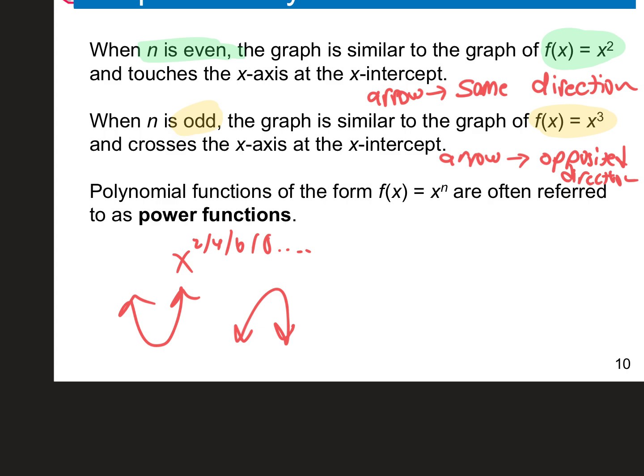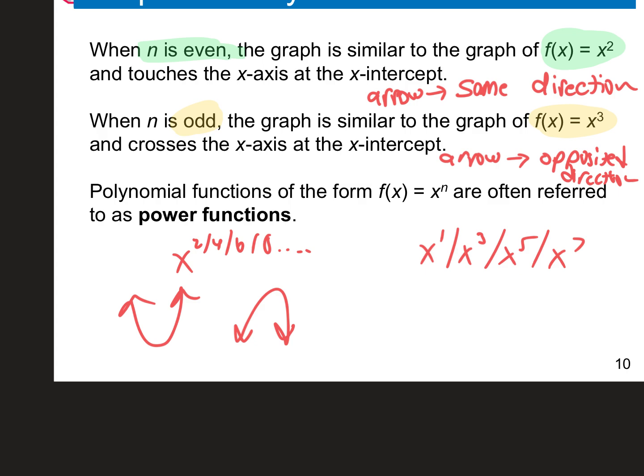If your function is odd, 1st power, 3rd power, 5th power, 7th power. When I say the function being odd, I don't mean algebraically it's odd, but the highest exponent being odd. Your arrows go in opposite directions. Sometimes it's hard to visualize. This will make a little more sense in a minute. But I want you to think of a basic line.